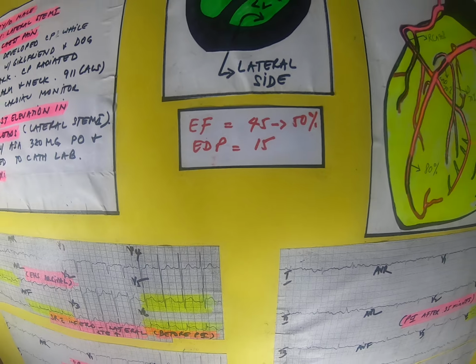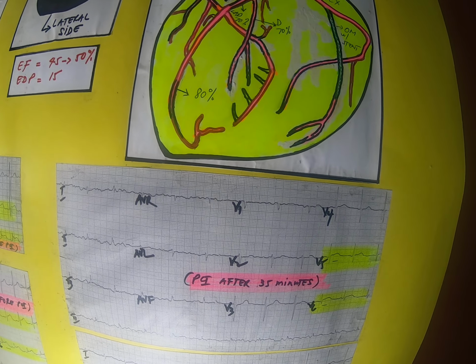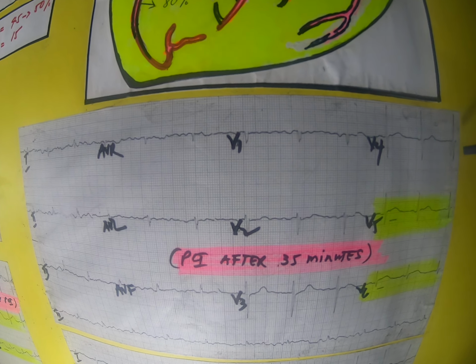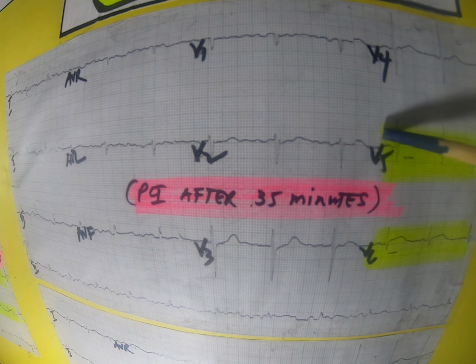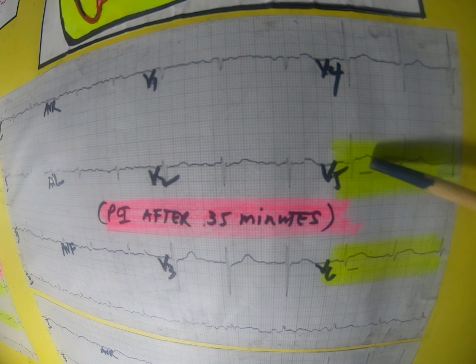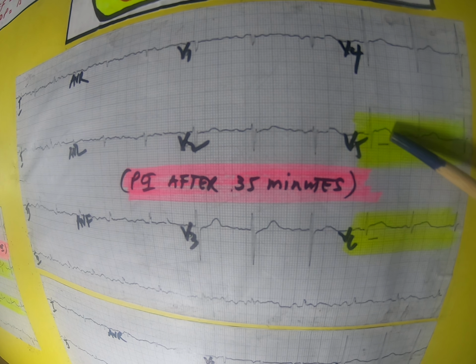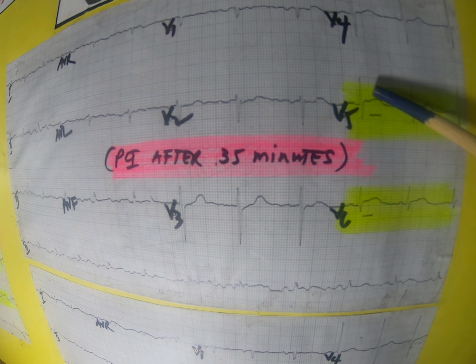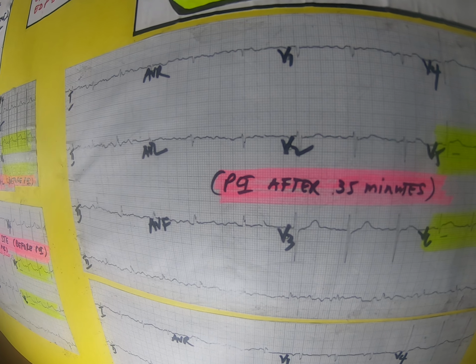Okay, so in CCU, at 30 minutes to 1 hour, we do a protocol ECG here. And let's take a look. So going to the lateral leads, you see that the ST elevations in V5 and V6 are coming down. So that's good. And how about those inferior mild ST elevations?